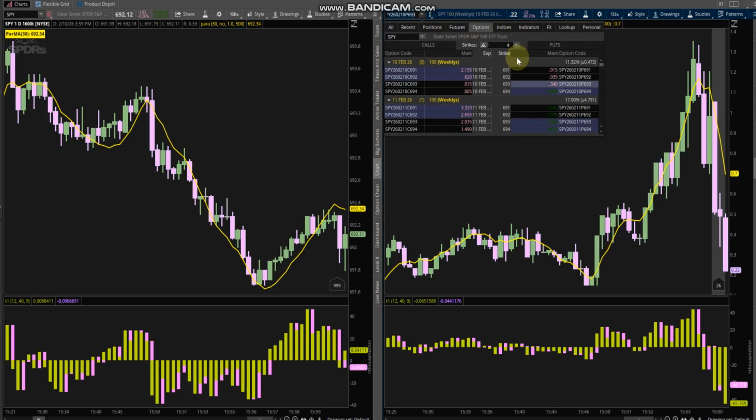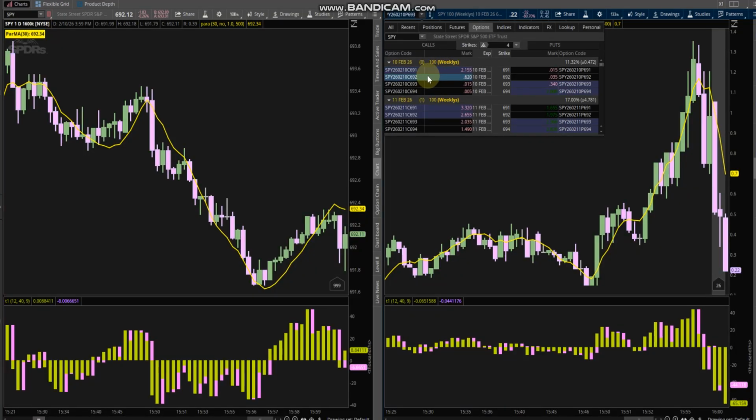So we have this contract. The strike prices are in the money, in the blue here, because when the contract closed, it was trading at, I think, 692 in here. So 692 is actually going to be out of the money for a put, but in the money for a call. You see, it works differently.